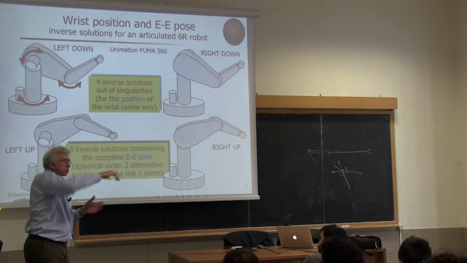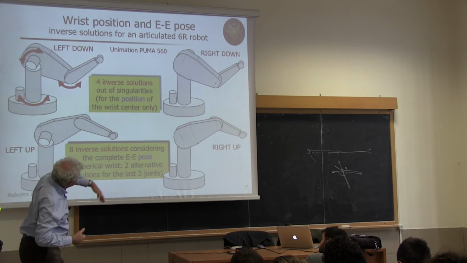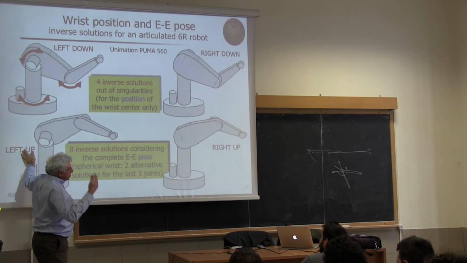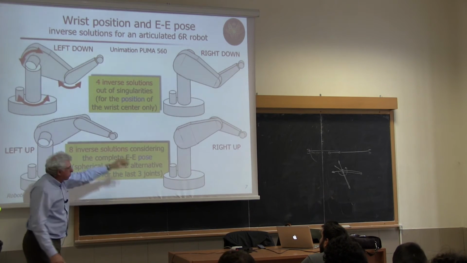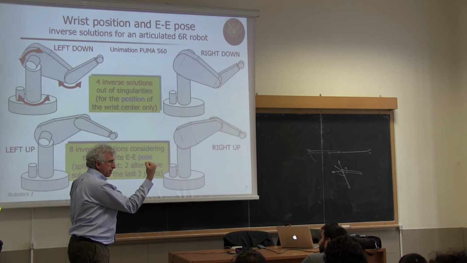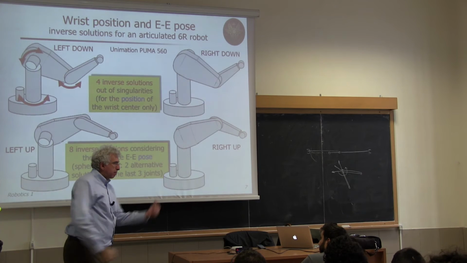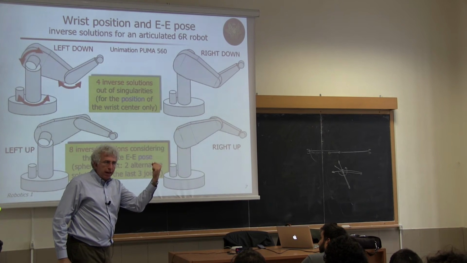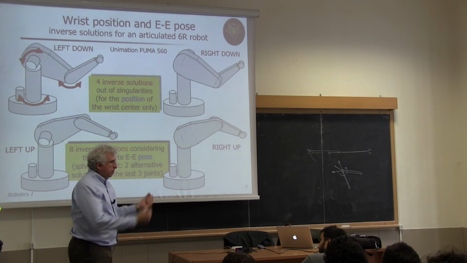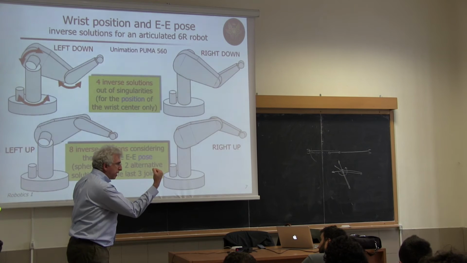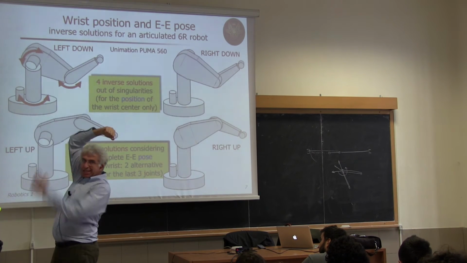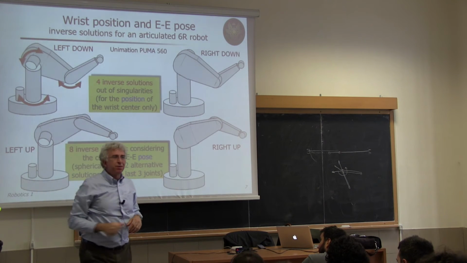Okay, so these are the two, elbow down and up. But then there is the way you want to label, left or right condition, which means I could do like this, elbow down, right, but I could do also elbow down, left. See, but I have either the right or the left hand, no? But in fact, this configuration is the one that I realized by rotating like this, going up like this, and then reversing and doing this operation, okay?